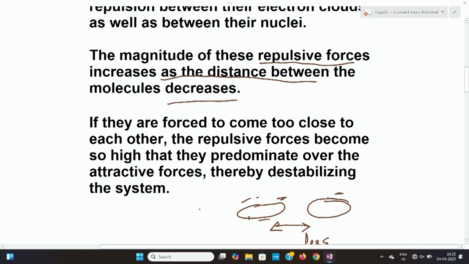When the repulsive forces are too high, they will predominate over the attractive forces, and then the system will be unstable. I repeat once again, when the repulsive forces are too high, they will predominate over the attractive forces between the molecules, and then the system will be unstable.